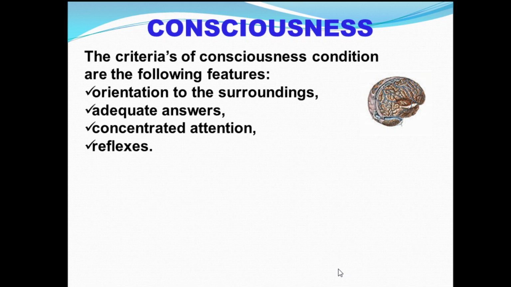Criteria of consciousness condition are the following features: orientation to the surroundings, adequate answers, concentrated attention, and reflexes. To assess consciousness, we must talk with the patient and pay attention to how fast and correctly the patient answers our questions.